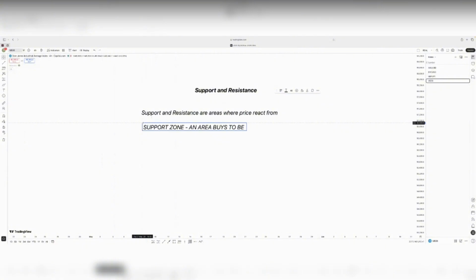Now, I will explain this. It's not a straight line. It's an area. Alright? It's not a straight line.